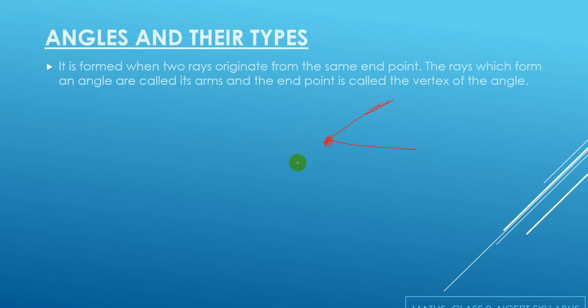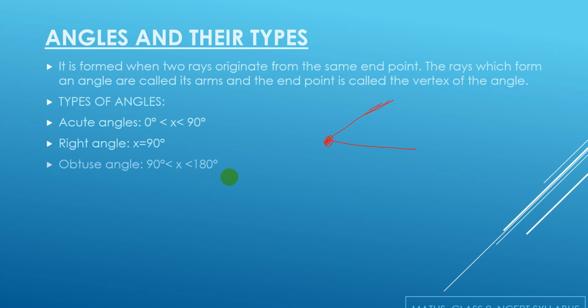Now based on the measurement of these angles, you can classify them into different types. First one is acute angle, which is less than 90 degrees. The measure of this angle lies between 0 and 90. Next comes your right angle, which is exactly equal to 90 degrees.